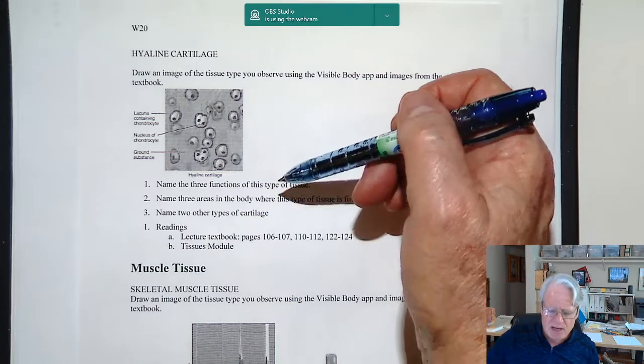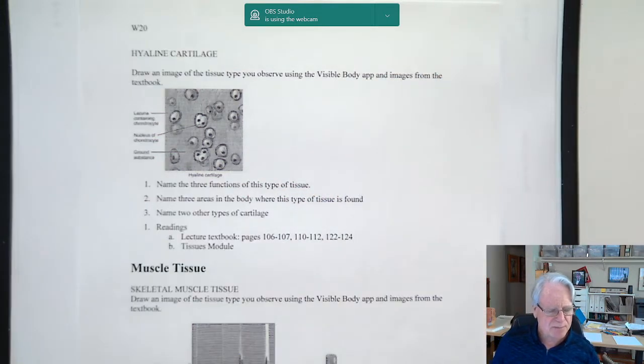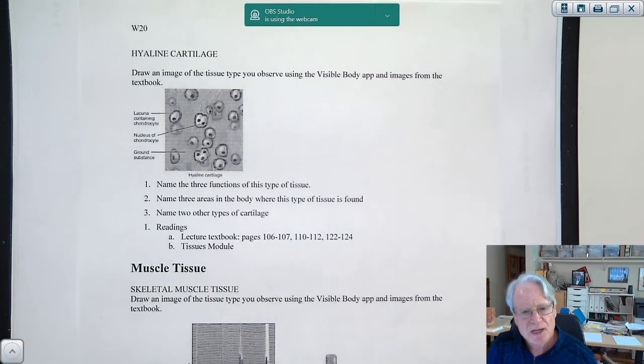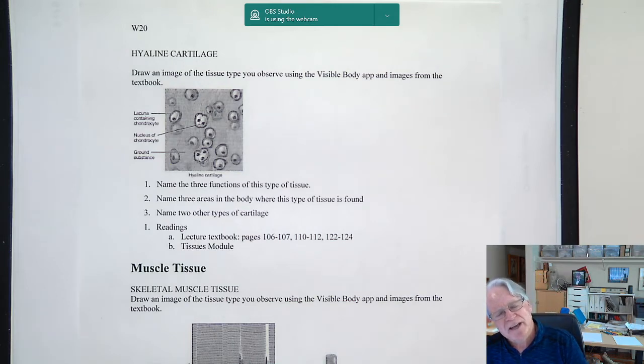So let me back up for a second. Why did I pick these particular types of connective tissue? Because these are the ones that you're going to most often be talking about in this class and in the following 2 classes. There are a lot of different types of connective tissue. The ones that you talk about most often are the ones that we're looking at in this lab.